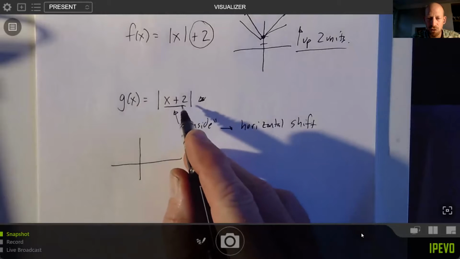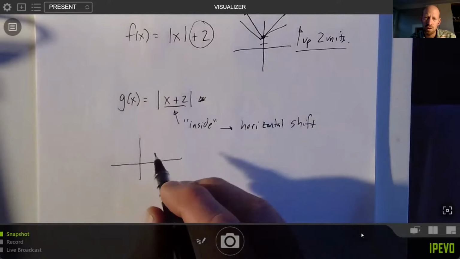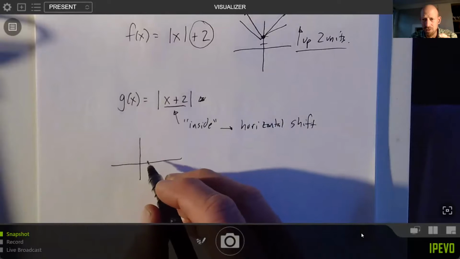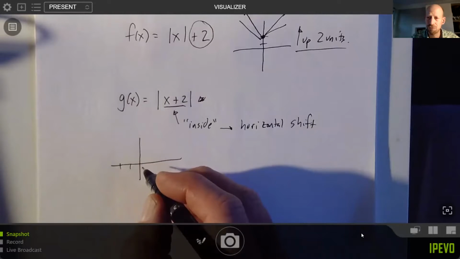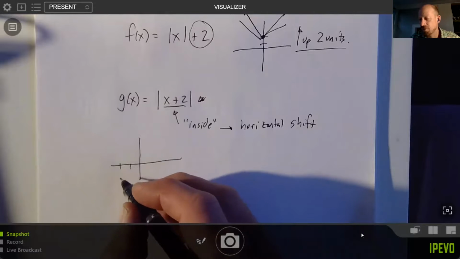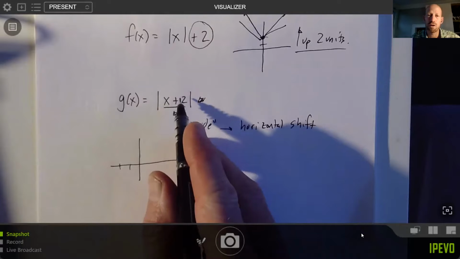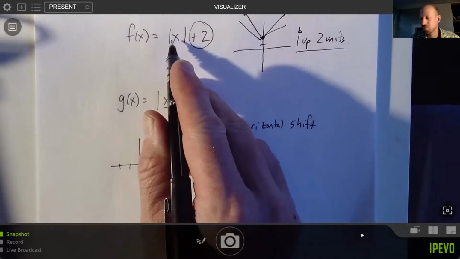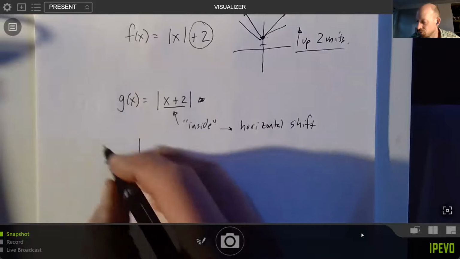When I add 2, it turns out it moves the x values. It's a little counterintuitive, but it actually moves it to the left 2 units, because now -2 is going to make this 0, where before 0 made it 0. So it sort of takes what was at 0 and moves it to the left 2 units.